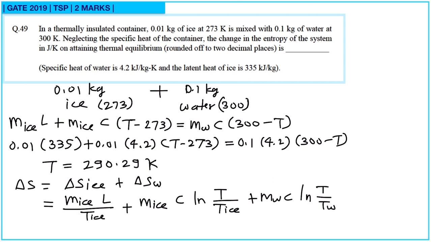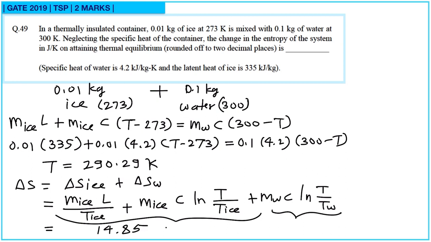Just substitute all these values. This first term comes out to be 14.85 and this is equal to minus 13.82. So this is equal to 1.03 joule per Kelvin. So the answer is 1.03 and the answer in the answer key is 1.02 to 1.04.